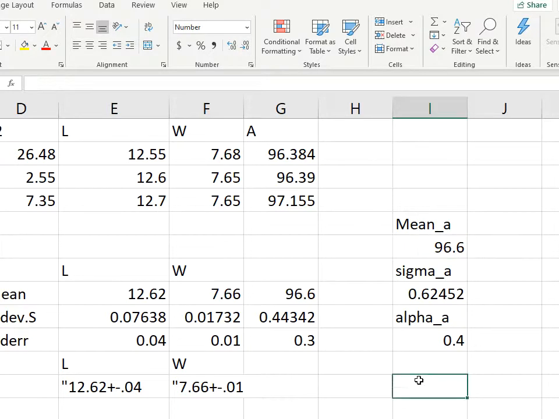There we go. The area is 96.6 plus or minus 0.4. There we go.